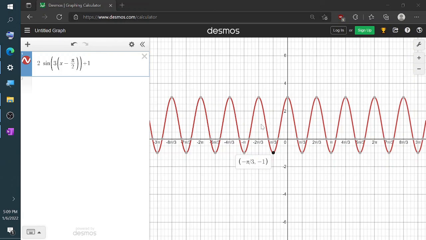The distance between the midline at y equals +1 and the peak at +3 is 2 units as expected. And looking at the graph and looking at the horizontal distance between two subsequent peaks, it takes exactly 2 pi over 3 horizontal units to get from one peak to the next. So the period is exactly what we wanted.